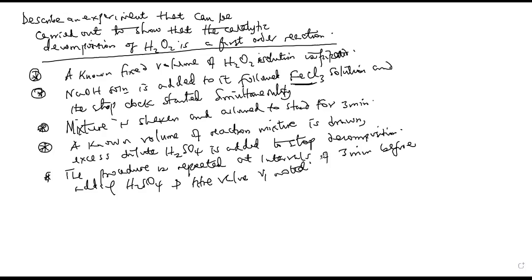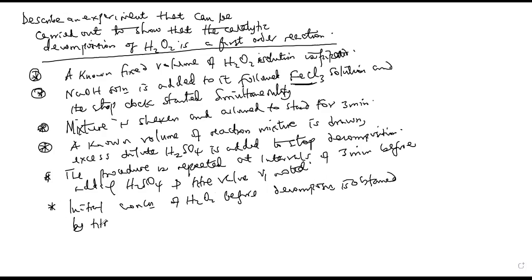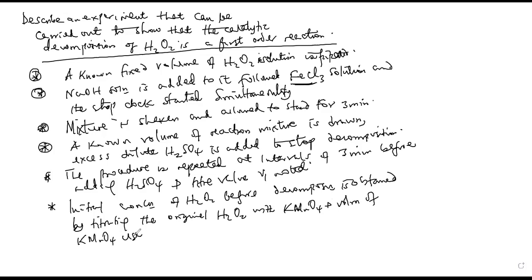Okay, so now it is after this that the initial concentration of hydrogen peroxide before decomposition is obtained by titrating the original hydrogen peroxide with potassium manganate 7, or potassium permanganate, and the volume of potassium permanganate used, which I can call V naught, is noted or recorded.